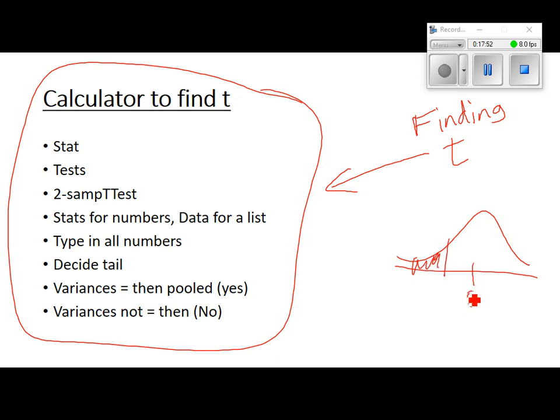That's all it's for, is finding T. Nothing else on there. If you have a list, remember you're doing data for list, stats, if you're just putting in numbers. I just wrote type in all the numbers here because I was lazy. Anybody want to go to the calculator and see what numbers we have to type in on this one? Is it all the same as the first one?